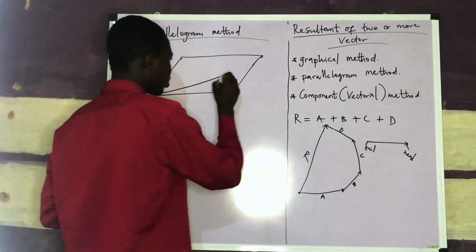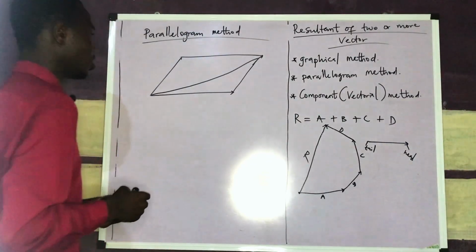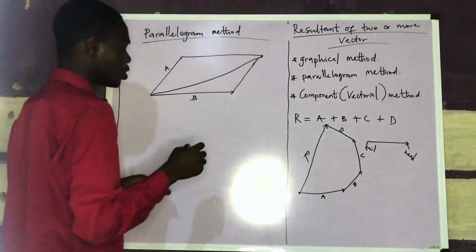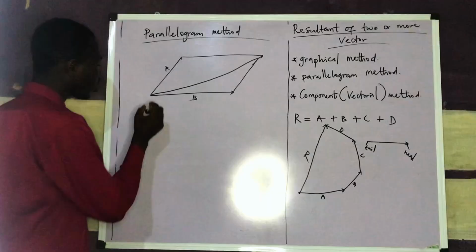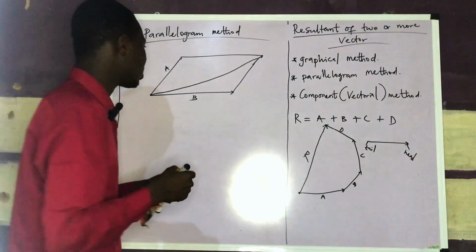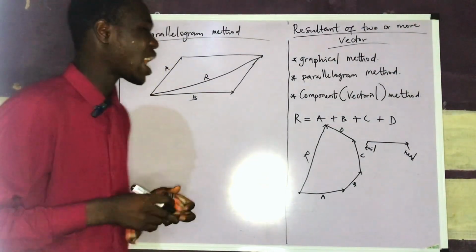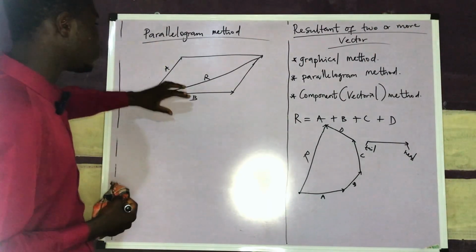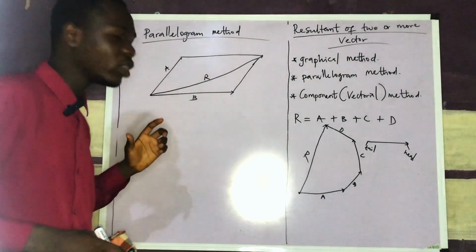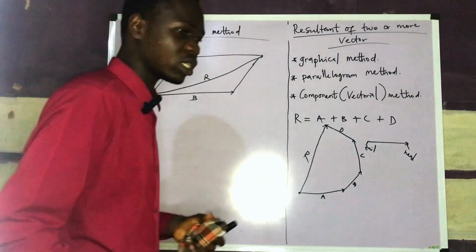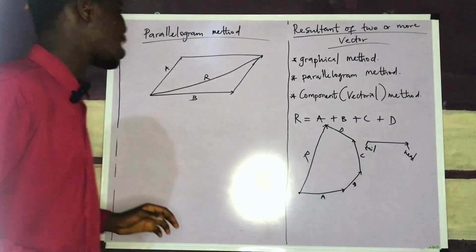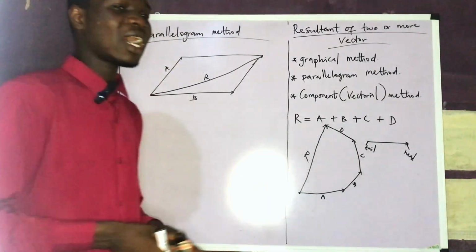So we now draw a resultant here. What the parallelogram law is saying is that if this one is vector A and this one is vector B, the resultant vector is drawn from a common point between A and B. This resultant represents both the magnitude and the direction of these two vectors, A and B. The resultant acts as a unit.